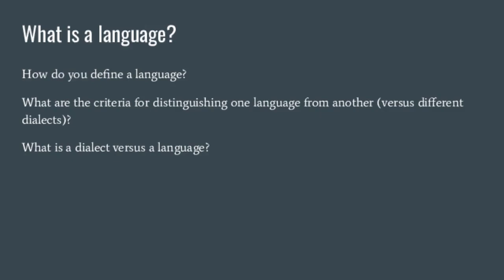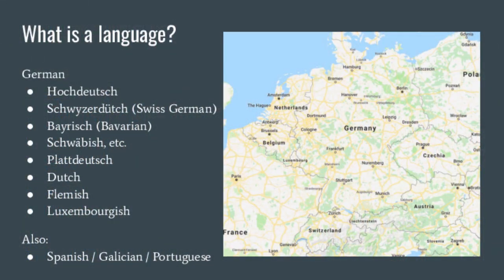But then, you know, let's look at some dialects that seem related to each other, but they're divided differently into separate languages. Let's look at the case of German. In Germany, you have the standard German, or Hochdeutsch, which is taught in the schools, and most people with some degree of education speak Hochdeutsch, or at least read it.